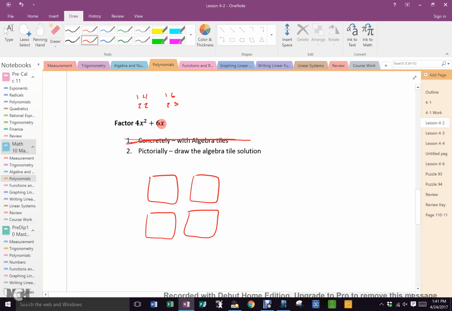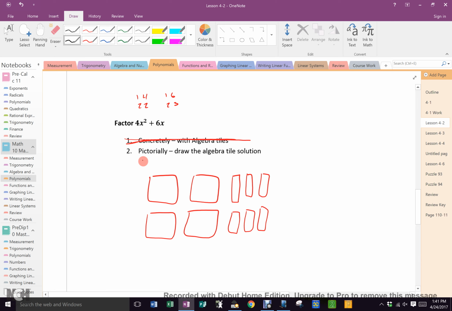How do I draw 1x? It's the bar, right? And I need them in groups of 2. So I got to do that and that. Does everyone agree that I've made a rectangle? Is it the same down each side? So am I okay?